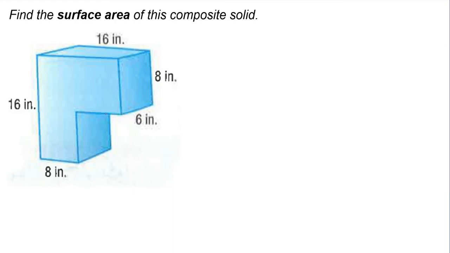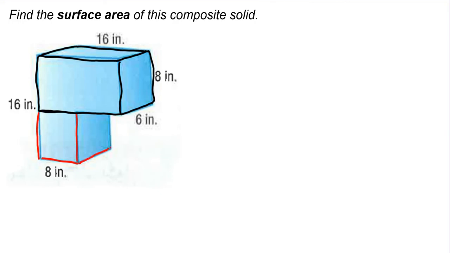If we imagine cutting this right here, I've got now a prism on top and a prism on the bottom. So I've got two separate prisms here, stacked on top of each other.